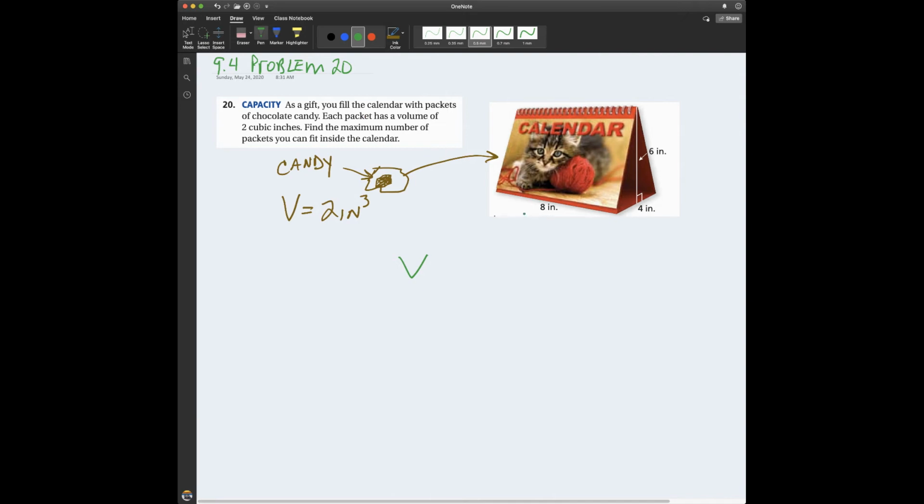For my volume, this is a triangular prism, which means that the bases are triangles. So for my formula, if I want to calculate what capital B is, I have to find the area of one of these bases.